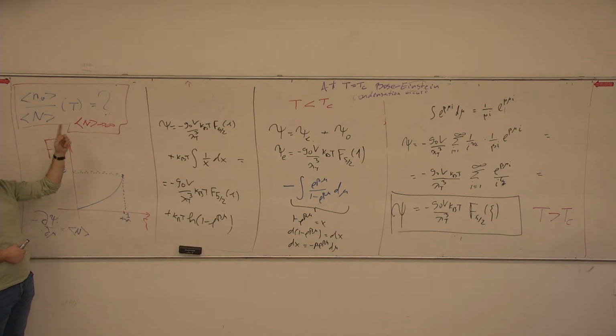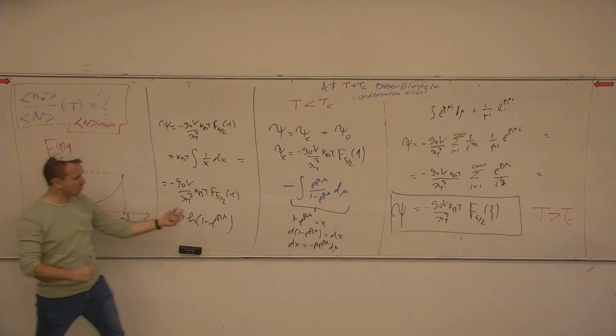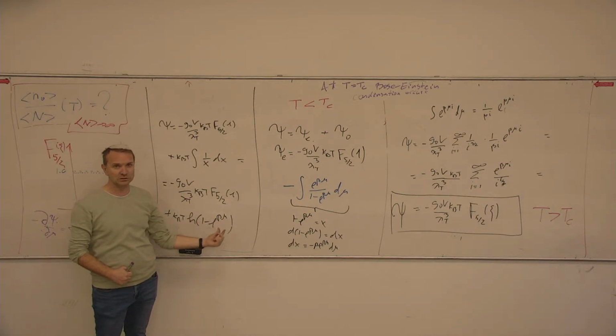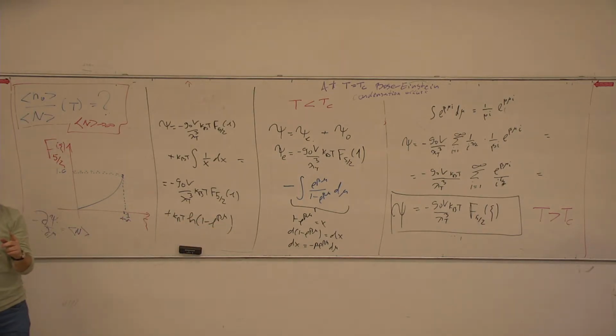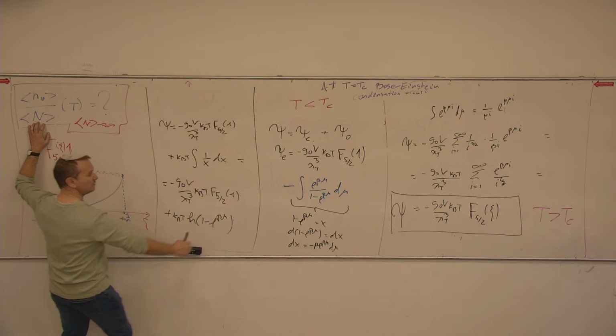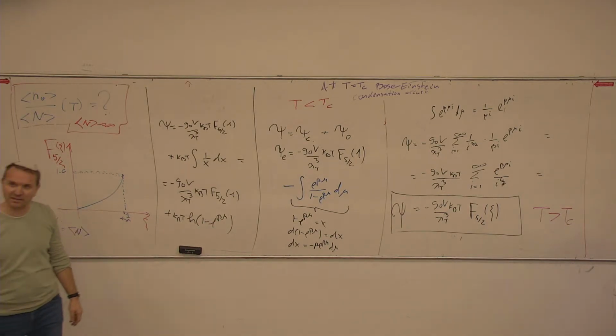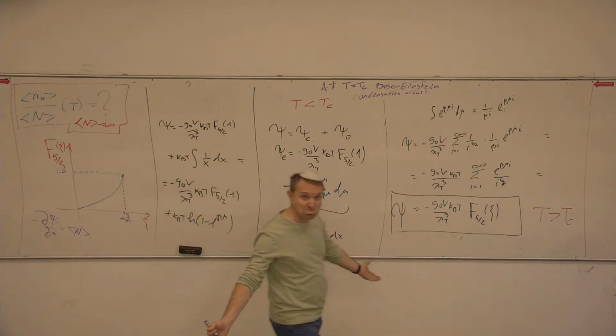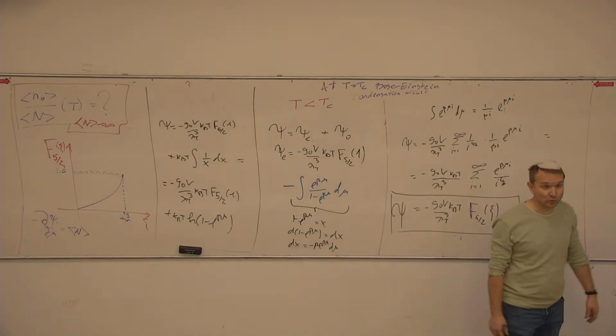When T is modified, the chemical potential is also modified because I fixed the total number of particles to be constant, right? A specific number. So mu is going to be modified as well. Usually I modify beta, something stays constant, and mu has to be modified. How does mu depend on the temperature? I don't know. I should solve something.